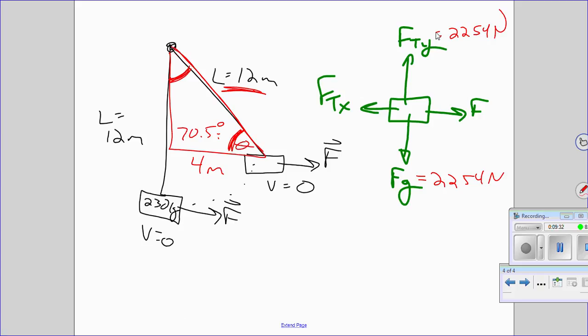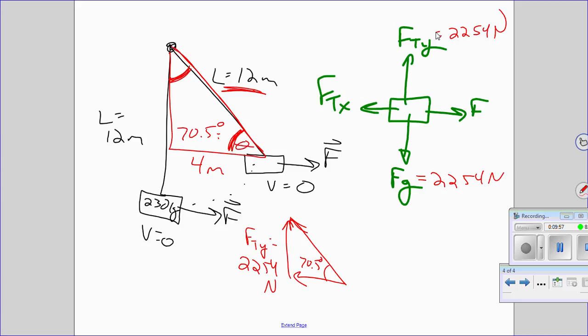Good. And so now I can find my x component by doing some trig, right? Because my force triangle now looks like this. My y component is 2254. And this angle here is 70.5 degrees, right? So I can do a little trig and find this x component, right?